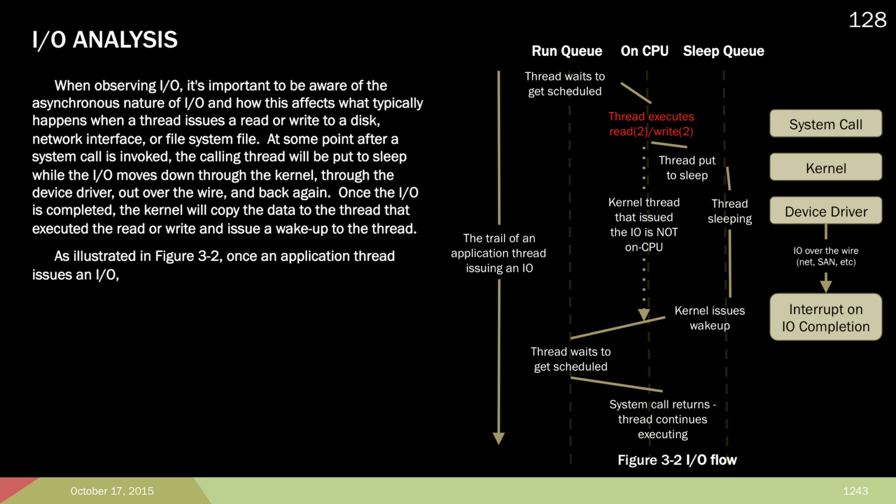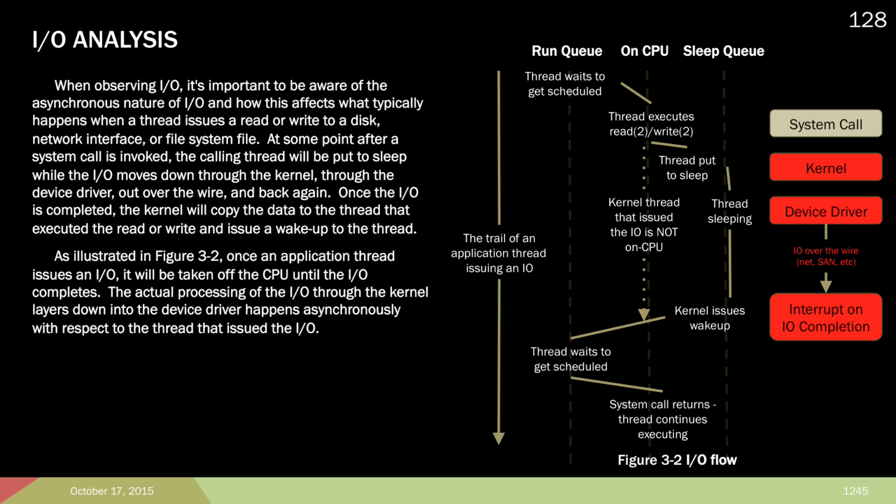As illustrated in Figure 3.2, once an application thread issues an I/O, it will be taken off the CPU until the I/O completes. The actual processing of the I/O through the kernel layers down into the device driver happens asynchronously with respect to the thread that issued it.